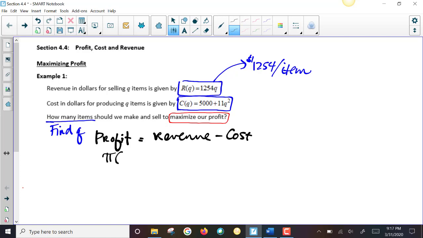So our profit is going to be in terms of quantity sold, number of items. All right, so it is the revenue function in terms of Q minus the cost function in terms of Q. We've done this plenty of times. Okay, so it's 1254 Q.